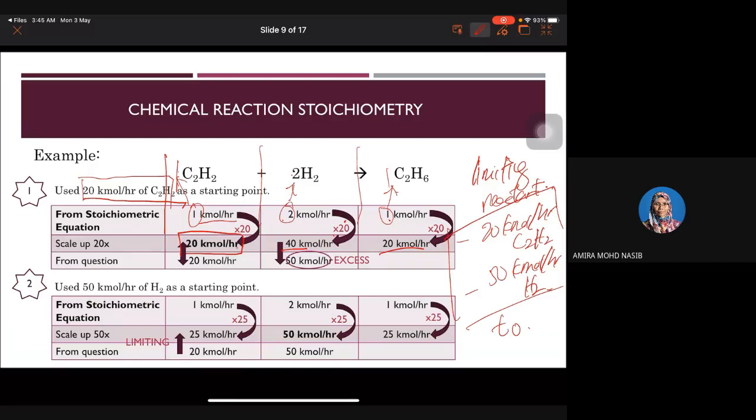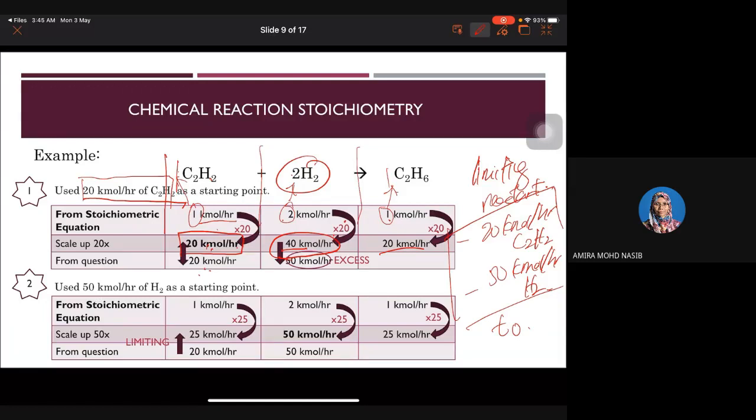So from the equations, 20 kilomole per hour is the same thing, because we have taken this one as our starting point. And if you have 20 kilomole per hour of C2H2, the amount you need for hydrogen is only 40 kilomole per hour to complete the process.